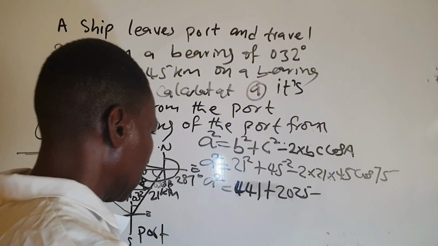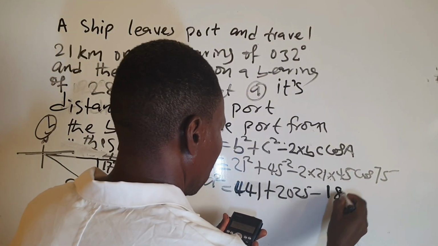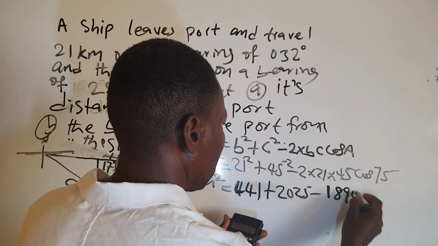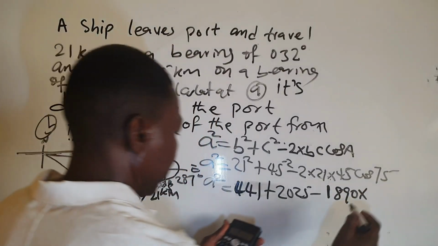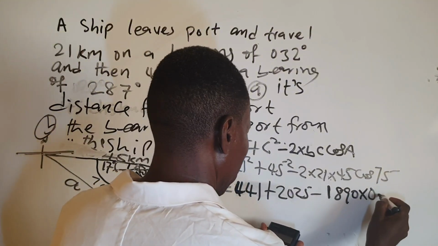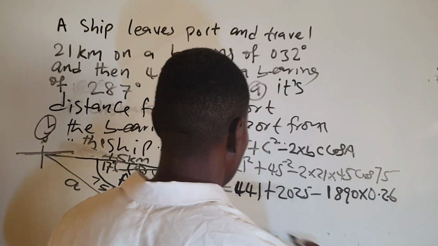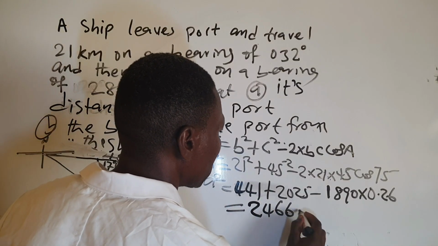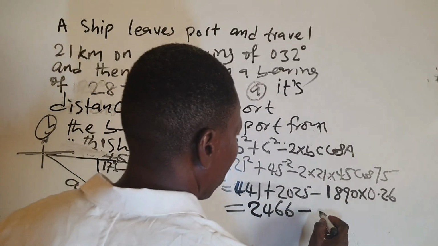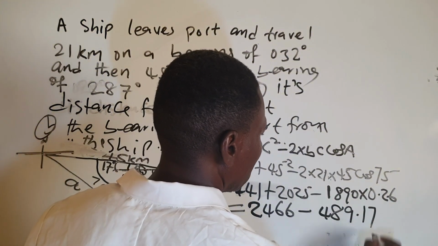When you multiply it, it will now give us 1890 times cos 75. Cos 75 is 0.226 approximately. When we add this and this, we now have 2466 minus, when we multiply this, 489.17.